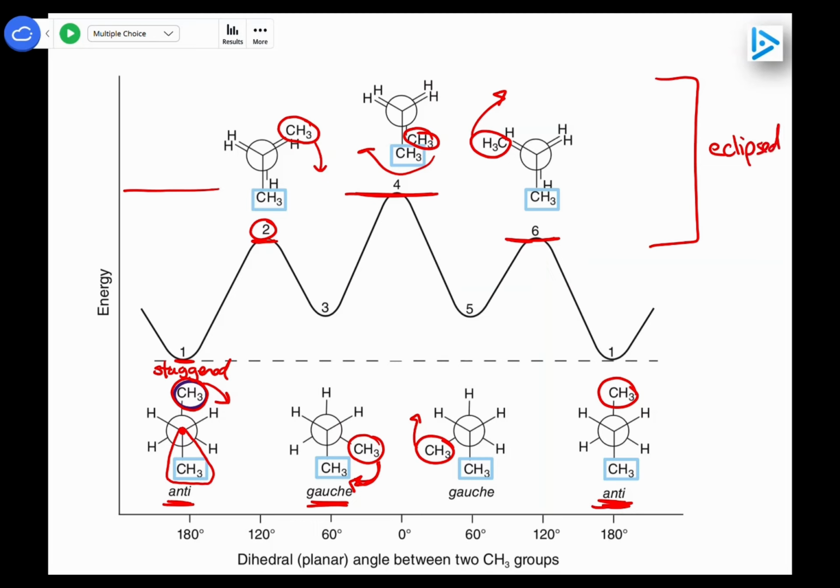All of these bottom conformations are staggered. So based on this pattern, you can predict the relative energy of different conformations. Again, you need to know this, but don't memorize it. Build the molecule and convince yourself of this type of pattern.